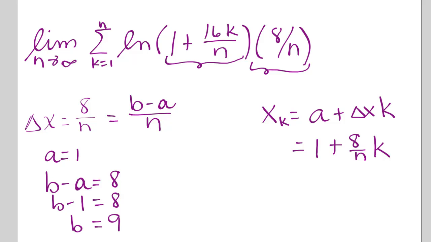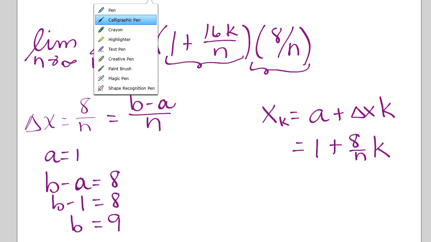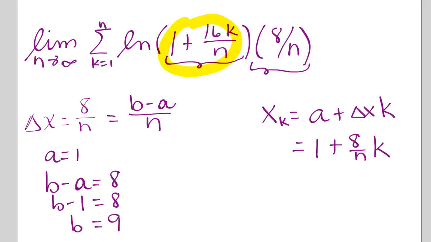Whatever we've done to x, the result of it is 1 plus 16k over n, and by the result of it, I'm talking about what we have right here. This is how we're going to express our x sub k's. We're plugging it into some function, not just a simple natural log function. We're going to be multiplying or adding or something.